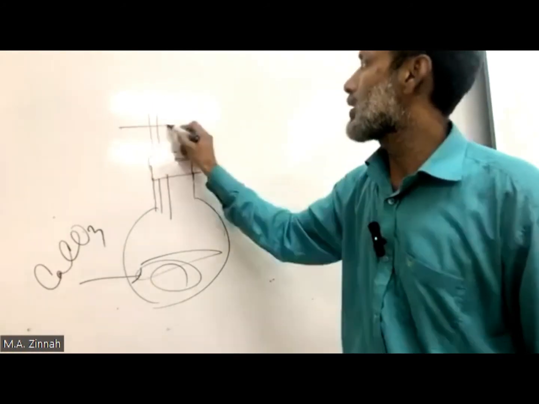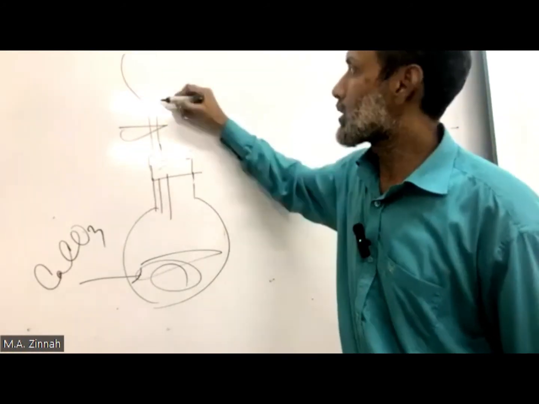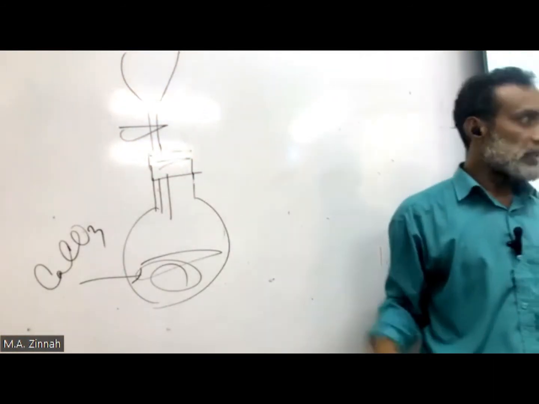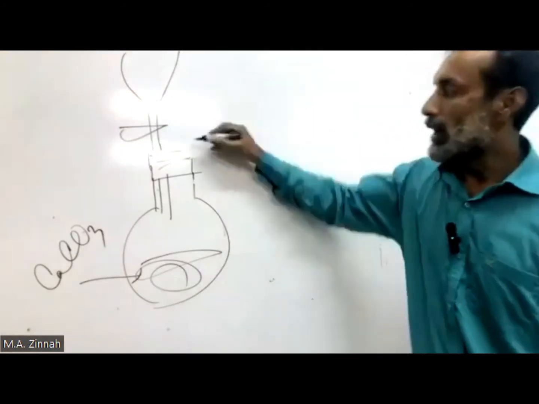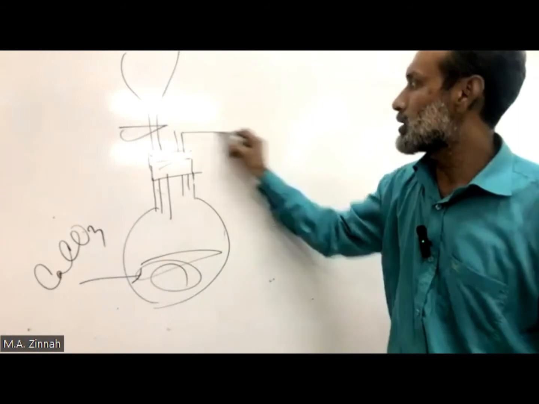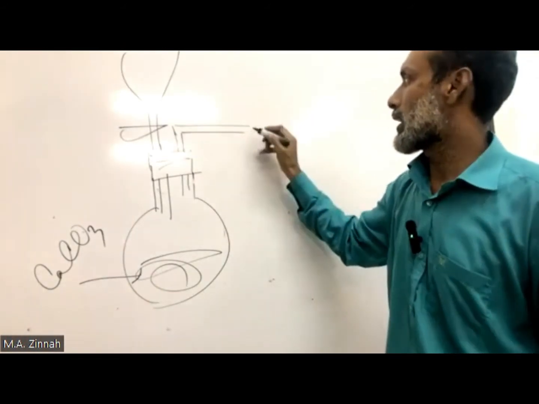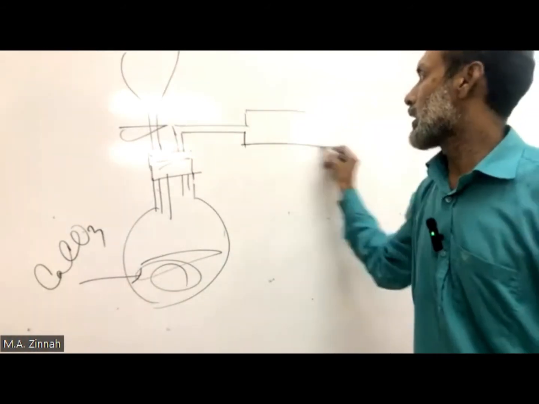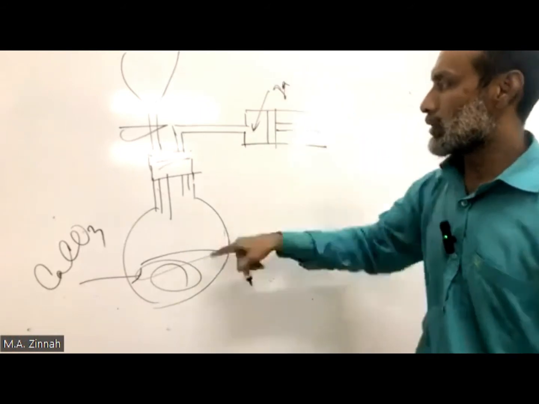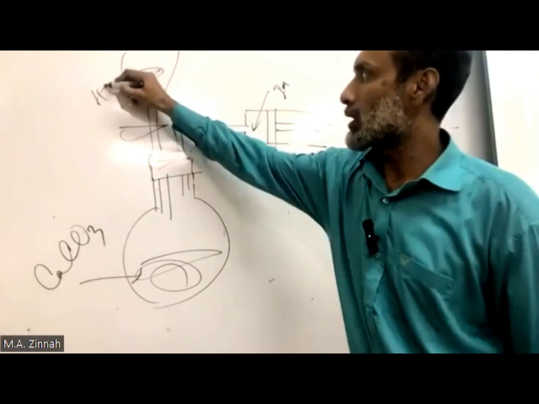Here should be a tap funnel, which controls the addition of liquid and also prevents escaping gas, right? And here should be another delivery tube for collecting the gas in a gas syringe. Here's the gas, here's the reaction mixture, and here's the acid, hydrochloric acid maybe.